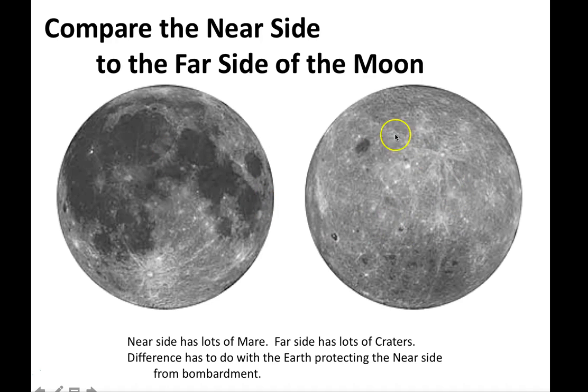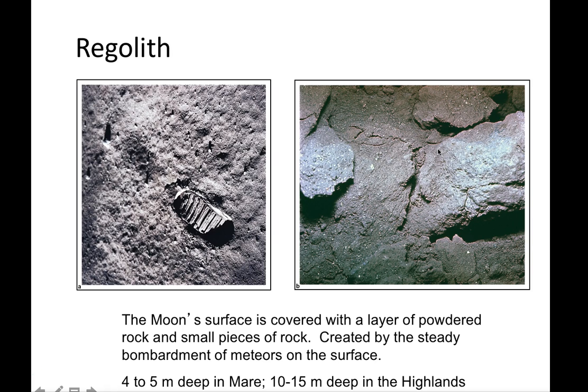On the other side, any little asteroid can come and hit the surface, and that's why we have many more craters on the far side than on the near side. In a similar sort of fashion, the moon protects the Earth from getting hit by asteroids as well. But here's an example of a nice set of rays coming out of this crater.